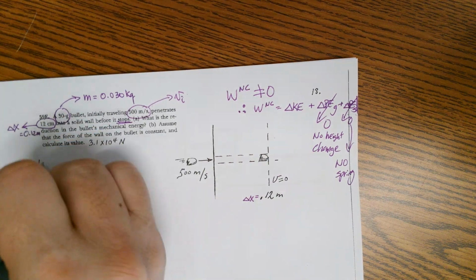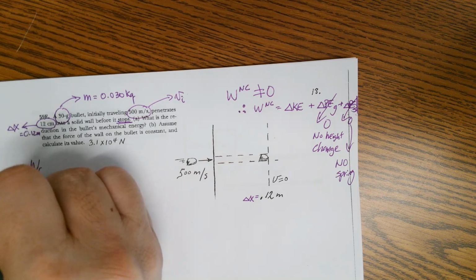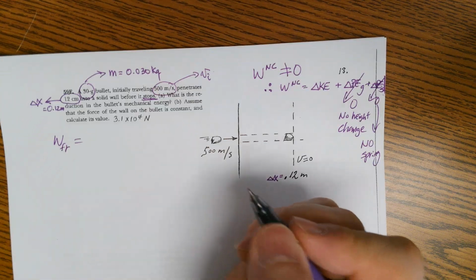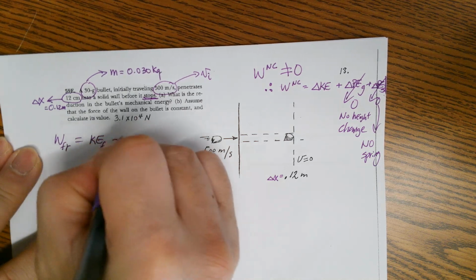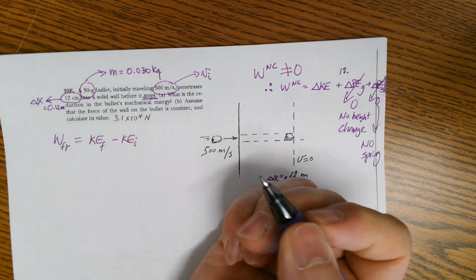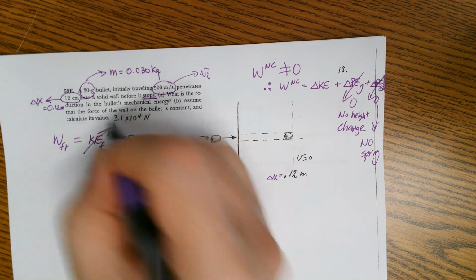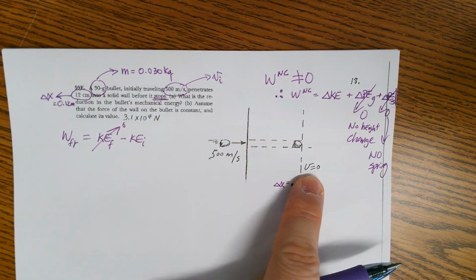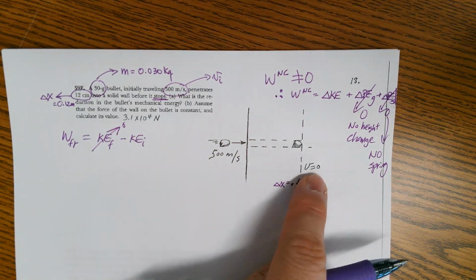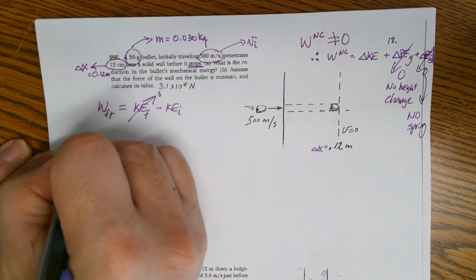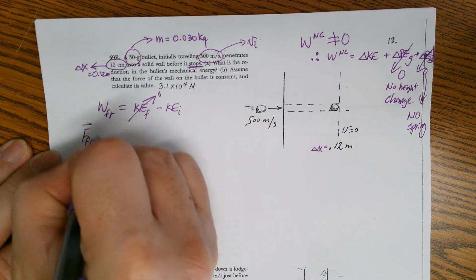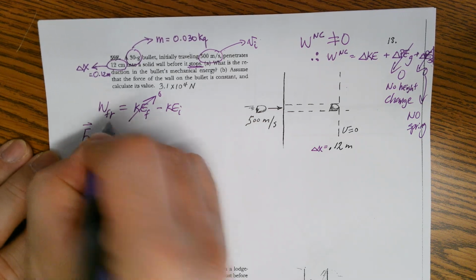So work done by non-conservative force, or simply work done by friction in this case, is equal to kinetic energy final minus the kinetic energy initial. Final kinetic energy is 0 because it comes to a stop. And work done by friction we know as F friction dot delta x.